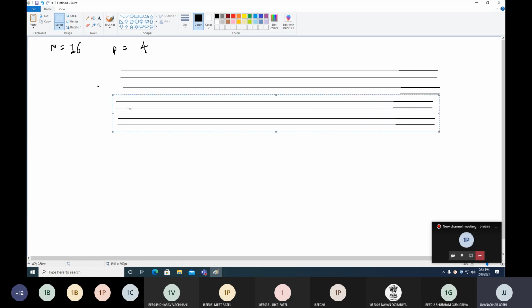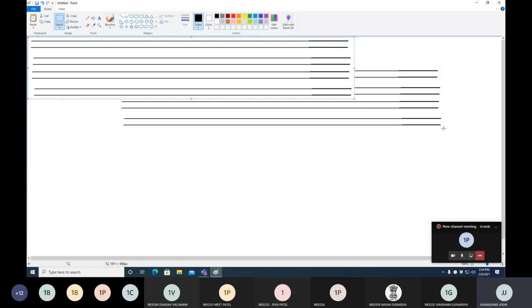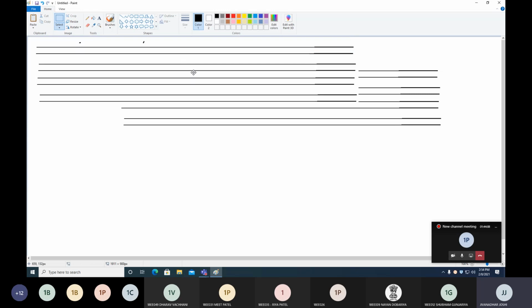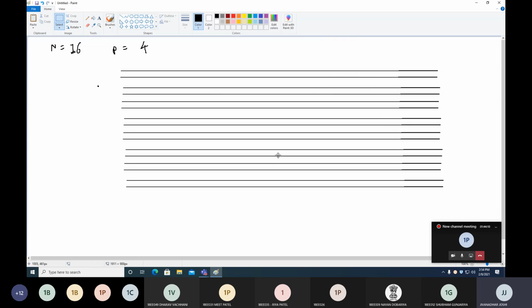How many lines? 1, 2, 3, 4, 5, 6, 8 થઈ ગઈ. બરાબર? હવે બીજી 8 મારે ડ્રો કરવાની છે. Okay.